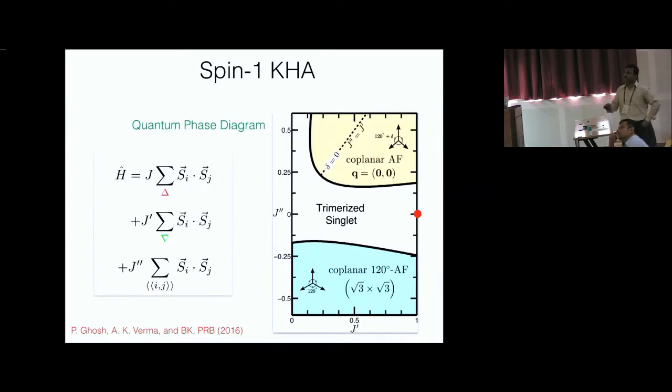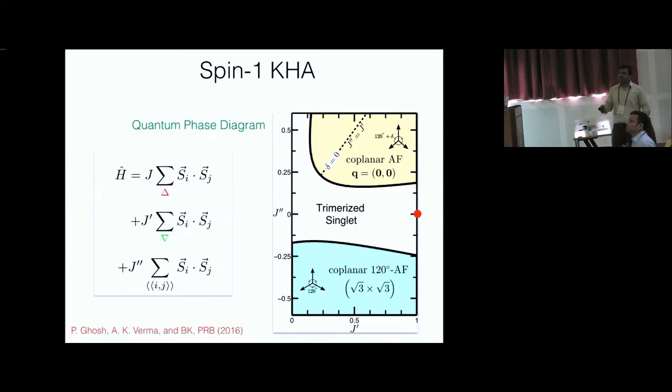So first focus on just this simple case, forget about these two phases. J double prime equals 0 means there is no second neighbor coupling, and the point J prime equals 0 means the triangles were isolated, so of course they form a trimerized singlet state trivially. But the interesting point is that as you turn on J prime and go all the way to the usual Kagome point, the gap nowhere closes, the singlet gap is intact, and in fact the trimerized singlet order survives.